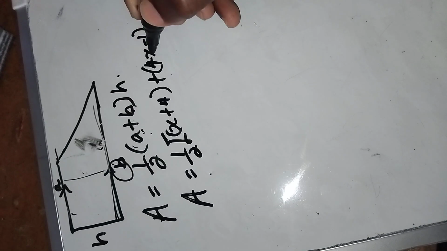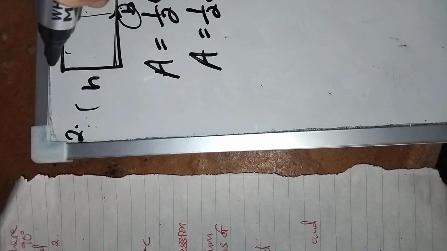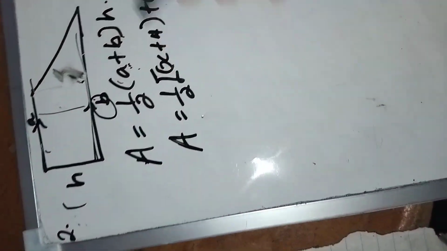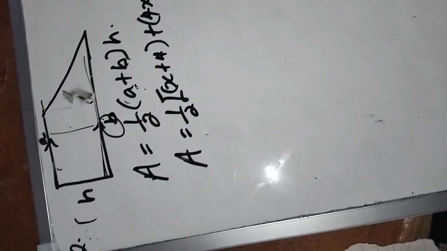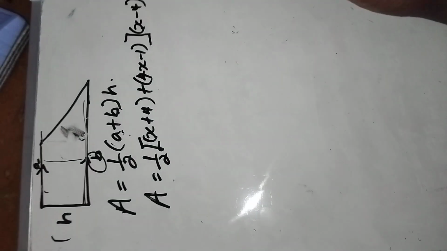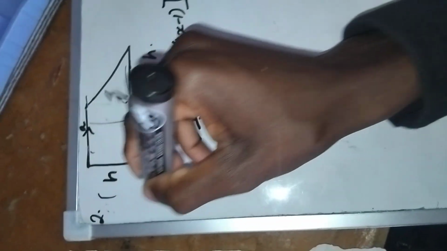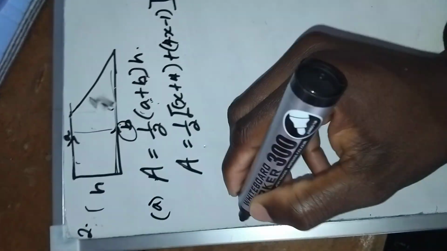Then the height, up and down, is x minus 4. So that will be the answer for part A. Then part B.